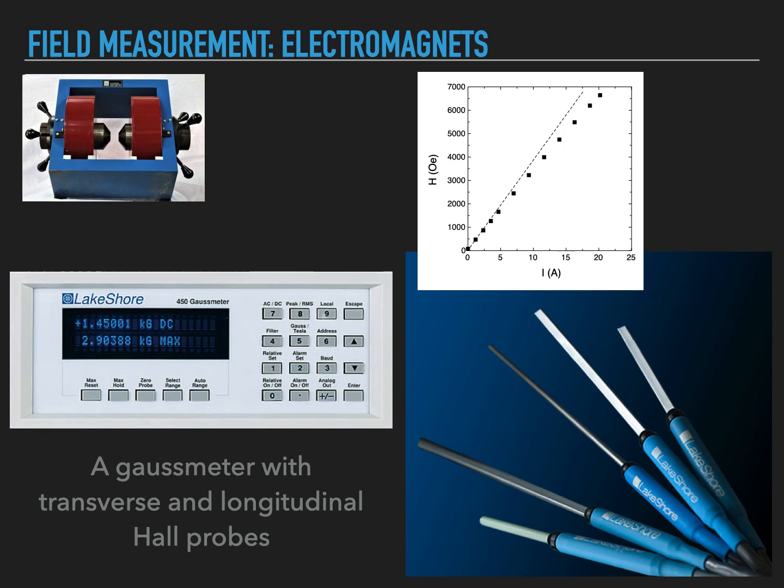Unfortunately, you cannot simply take into account this nonlinearity through calibration, because the magnetic material that constitutes the electromagnet also displays hysteresis, so you cannot simply measure the current and know the applied field values. Instead, you must measure directly the magnetic field that is present in the gap of the electromagnet. To do that, you need a gauge meter and normally a Hall probe.